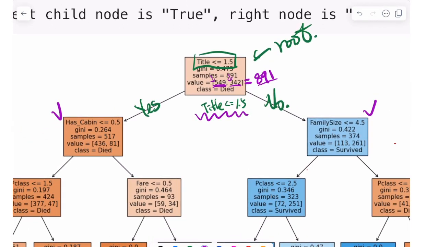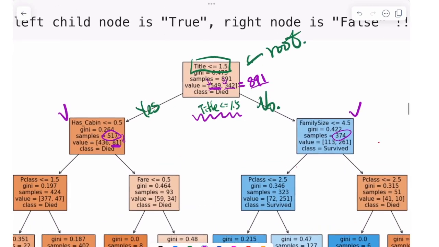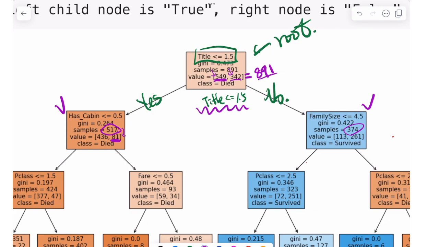After I separate the data points into two subspaces, at the left hand side we have 517 data points and at the right hand side we have 374. We can see that only 81 out of 517 passengers survived, so more people died at the left hand side.